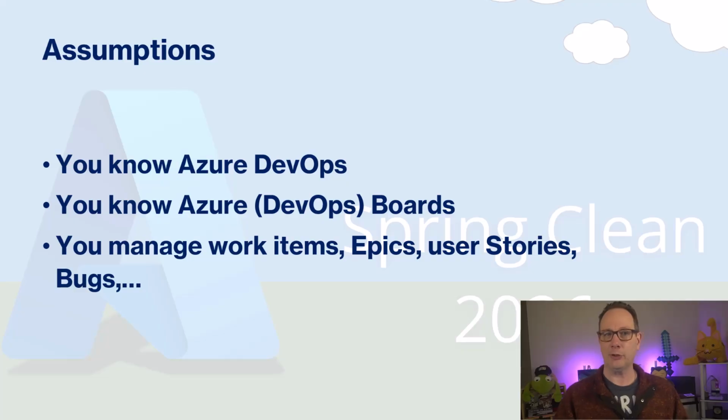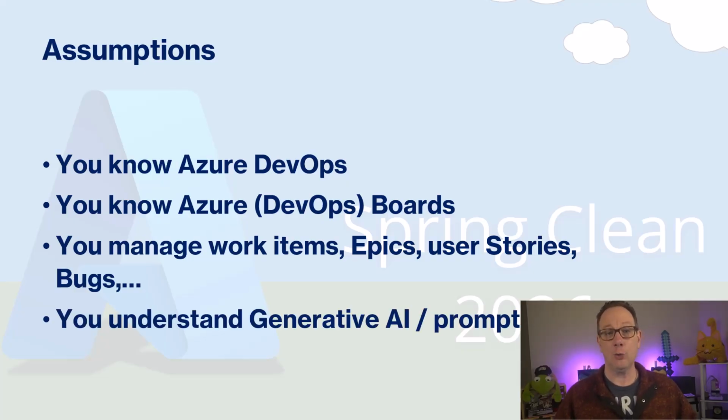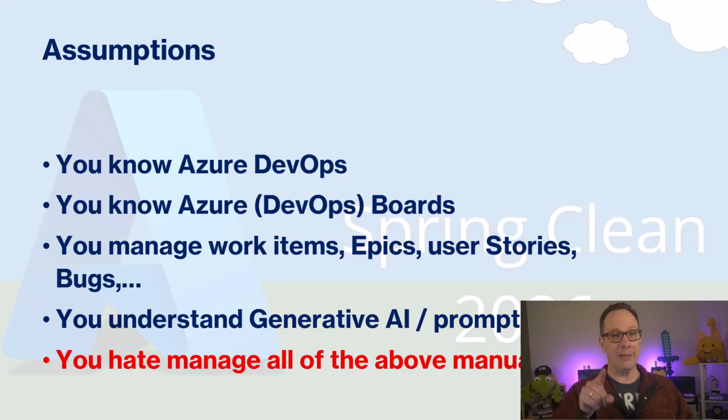Think of epics, user stories, bugs, all that fun stuff. You need to know a bit about generative AI, also known as prompt engineering, up to a certain extent. And then most important, you must hate managing all of the above in a manual way, because that's really what we're going to try and talk about, how to smoothen that operation.